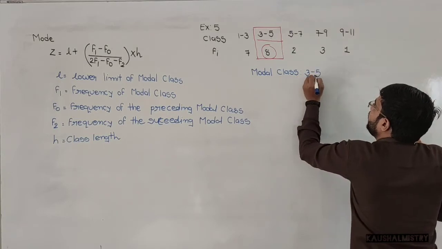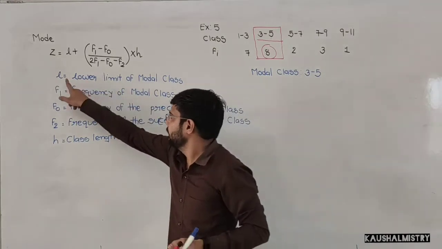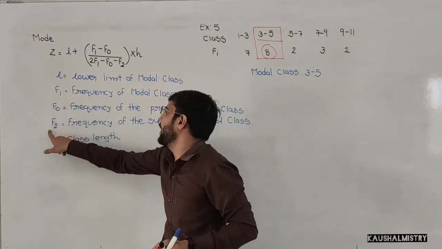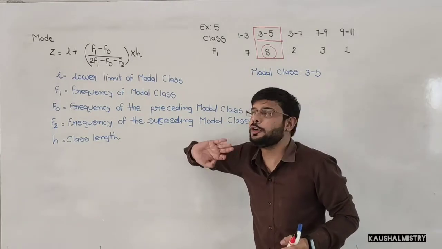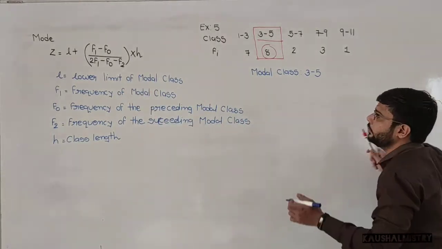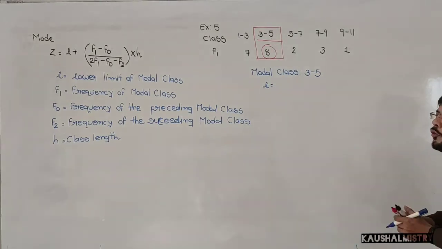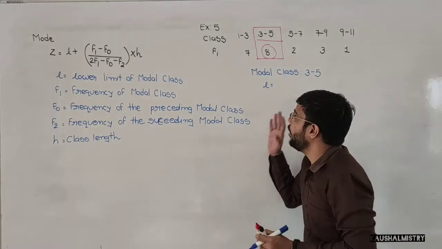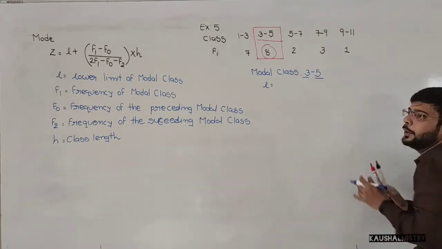We have to find the data L, F1, F0, F2 and H. Then we are able to find the mode. Here L is equal to the lower limit of the modal class. This will be the lower limit and this will be the upper limit.